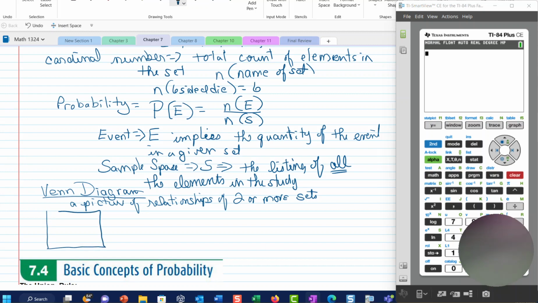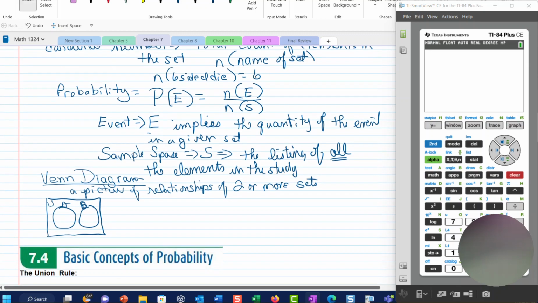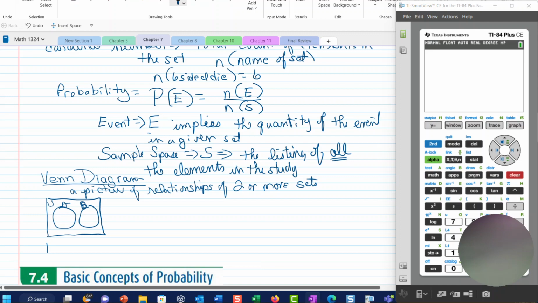So if I have a Venn diagram, I have a U, I have set A and set B, and we label. All right. In this set, we're said to be disjoint.